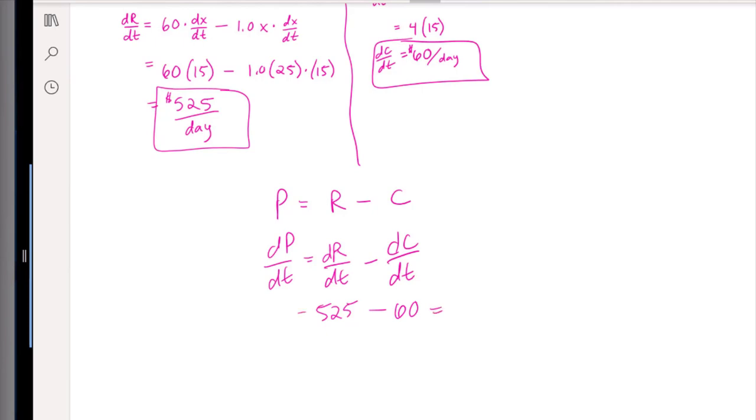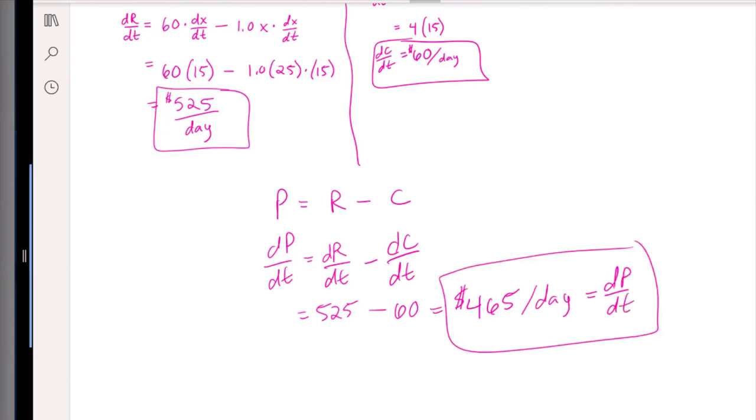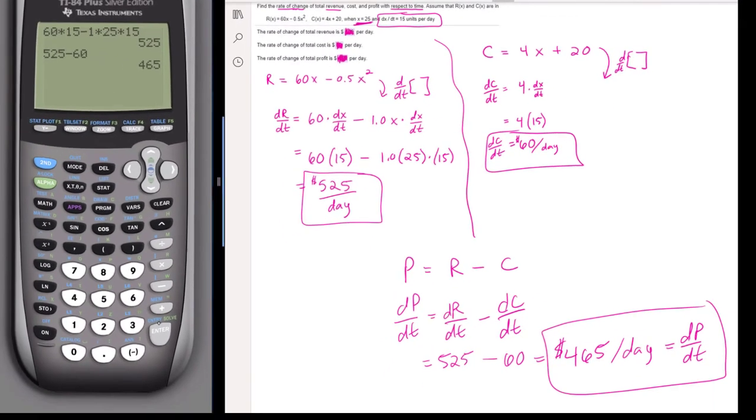That will end up giving you the change of profit per day, which will be $465 per day. That's your rate of change. That's dP/dt, the change in profit per day. Okay, so they're showing you some different examples of related rates and implicit differentiation.